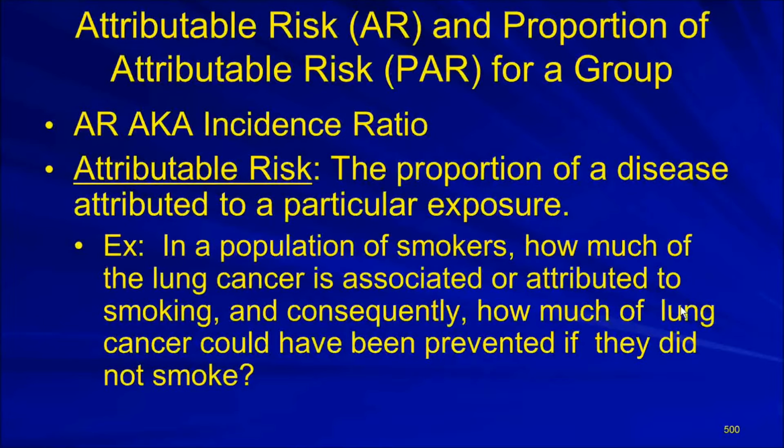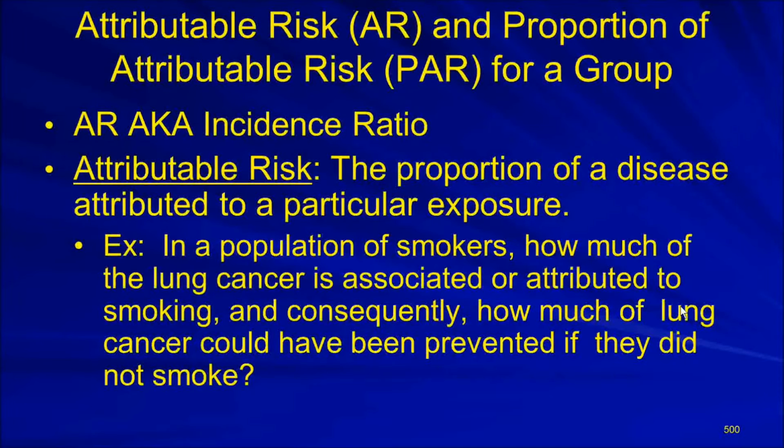So you have two sets or two different types of statistics to do, and one set of statistics builds on the other. Okay? Now, we've already talked about attributable risk, also known as incidence ratio. So attributable risk, the proportion of a disease attributable to a particular exposure. Let's go over this slowly.